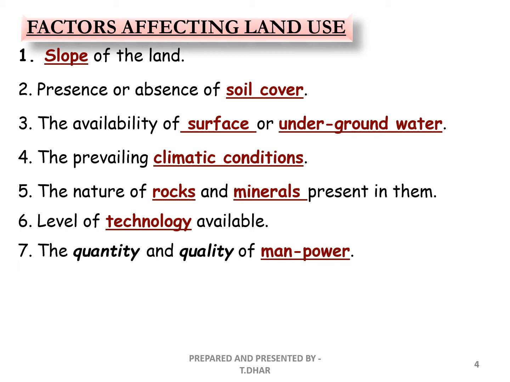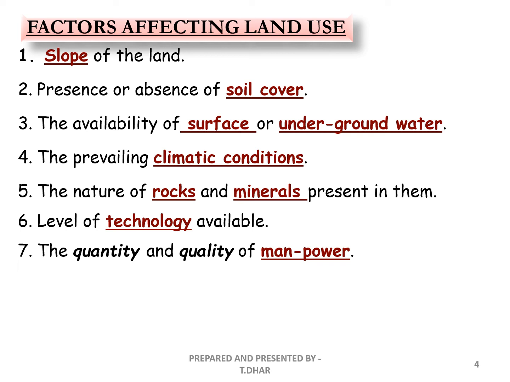So if the population is less and if the plot of land is bigger, then the land will not be used to that extent, because to manage a huge plot of land we need quantity of manpower, we need a good population of people.